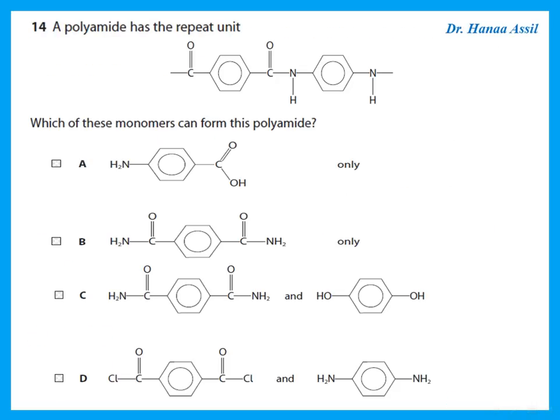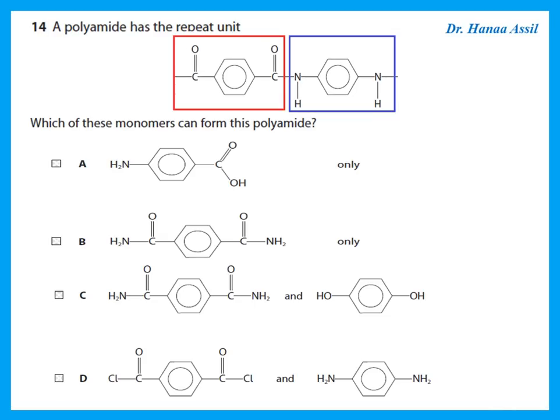A polyamide has this repeat unit. Which of these monomers can form this polyamide? Well, when he gives me the polyamide, I look at it and I break it up. The part on the left was the diacid or the diacid chloride, acyl chloride, and the one on the right would be the diamine.